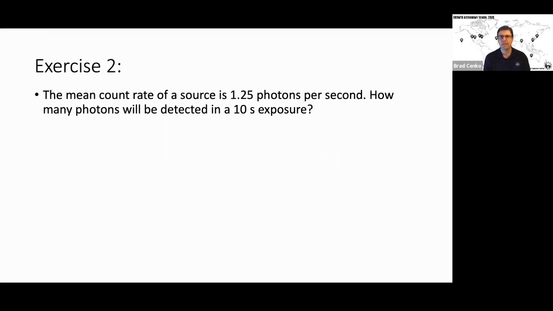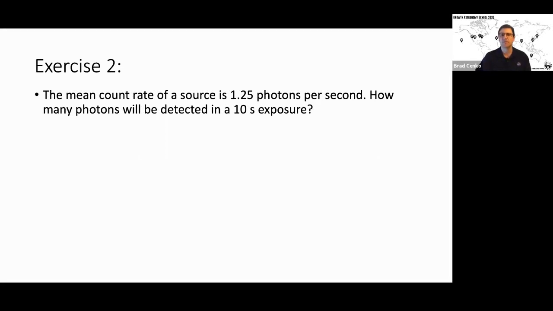I suggest looking again at this Poisson formula that we saw on the previous slide, and then I'll walk you through it after you've had a moment to think about it here. Okay, again, if you need to, if you're watching this at home, feel free to pause, take as much time as you need.